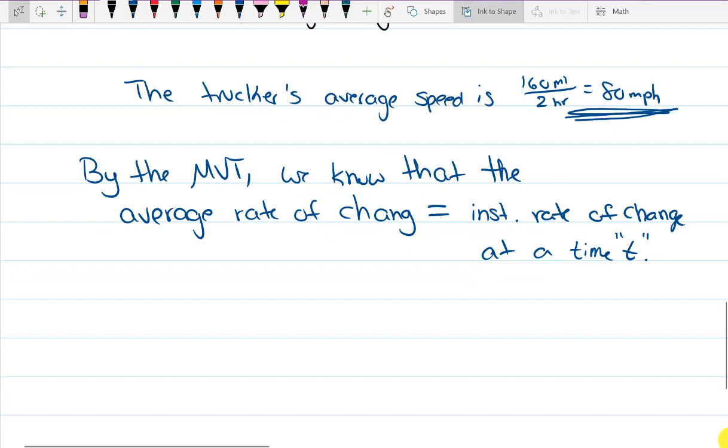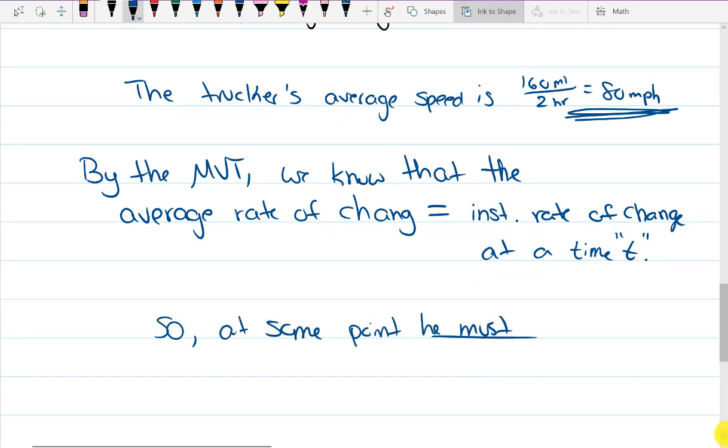So because of this, at some point he must have been going 80 miles per hour. And that's it. That's how you interpret the mean value theorem.